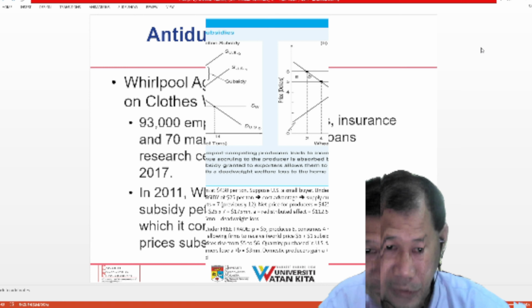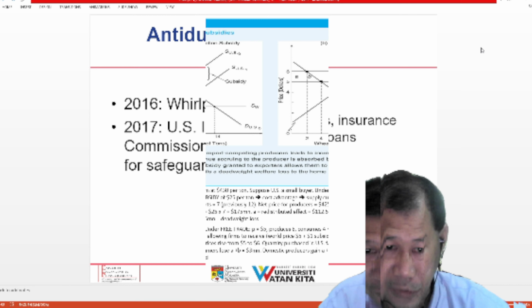In 2011, Whirlpool filed anti-dumping and anti-subsidy petitions against Samsung and LG, which it contended were selling in the US at prices substantially less than fair value. In 2016, Whirlpool filed again. In 2017, the US International Trade Commission approved Whirlpool's petition for safeguard protection.